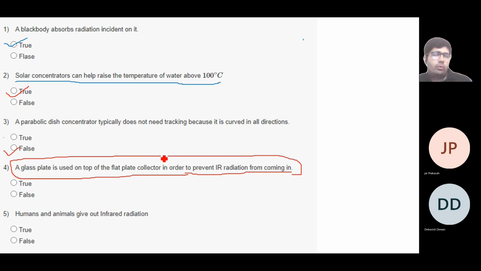I'm giving you a hint also. We have covered the various electromagnetic spectrum for black body radiation, of which the important ones are UV, visible, and infrared.